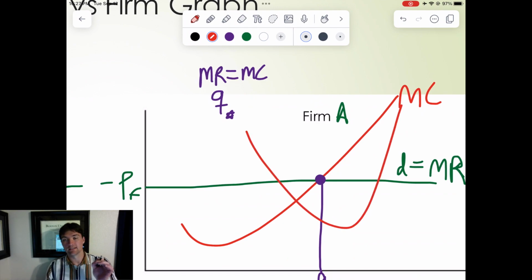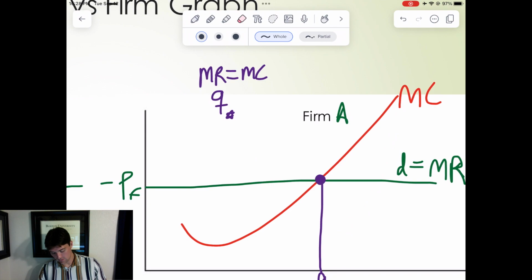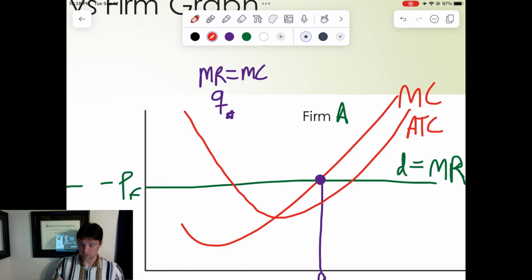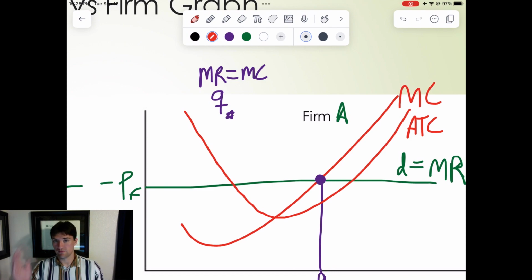No. This does not make sense because remember, the minimum of the ATC has to be at the marginal cost. All right, so right here, let's do this. We have boom, minimum, and then up. So that's the ATC. So here's the tricky part. We did the ATC correctly because it's the smiley face, and the minimum is right there at the marginal cost, so that is correct.